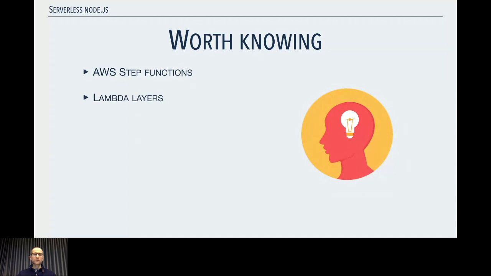Next one is Lambda layers. As I mentioned, you can reuse your code across multiple functions. You don't need to deploy common packages you are using in your project into every Lambda, because layers can help you with that. With Lambdas, you are able to prepare zero downtime deployments called blue-green deployments.